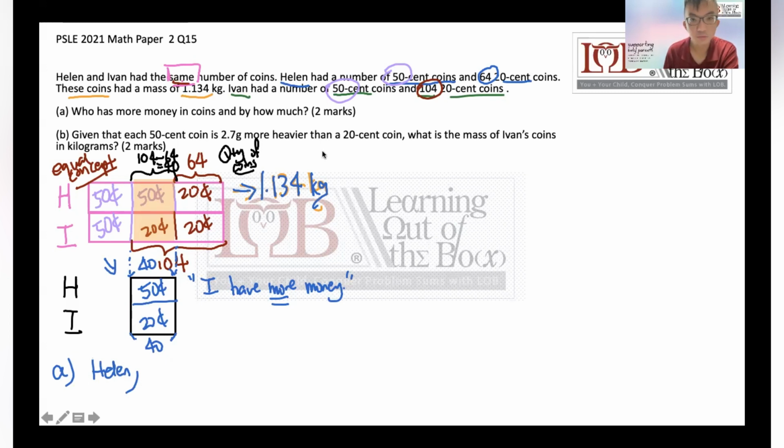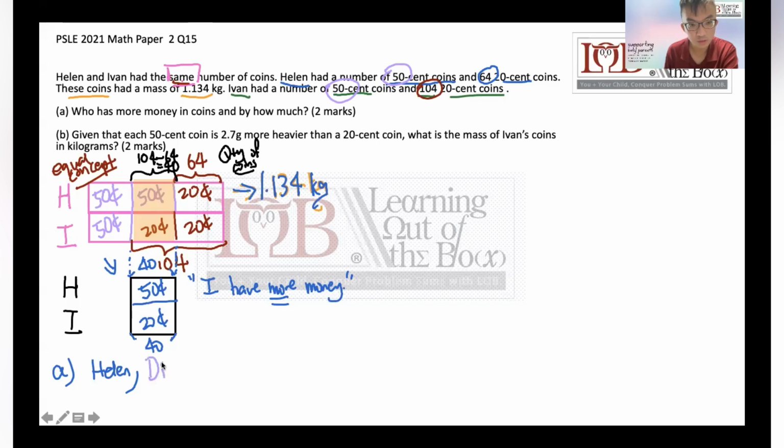And how much more? Okay, there are 2 ways to do it. For kids who need more steps, you can find the total, 40 times 50 cent coins, minus away 40 times 20 cent coins. Or you can just find the difference since it's equal quantity.